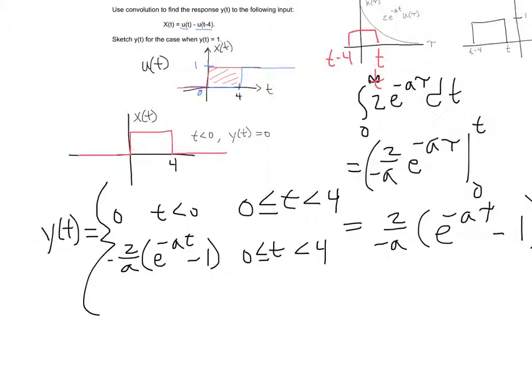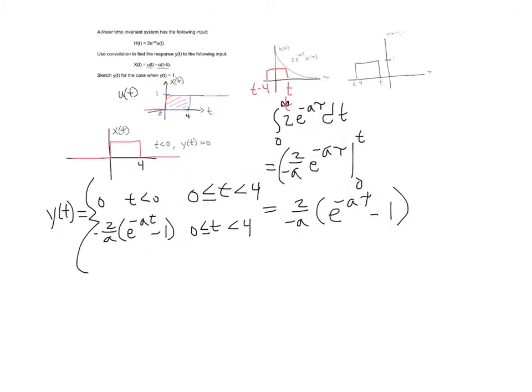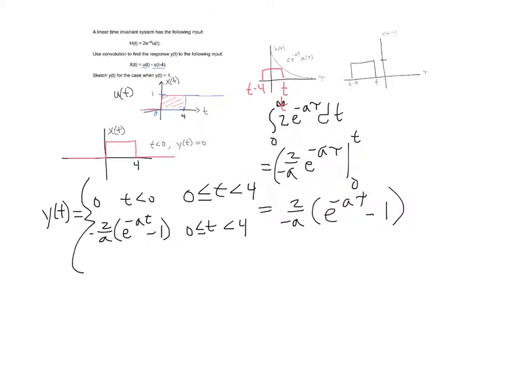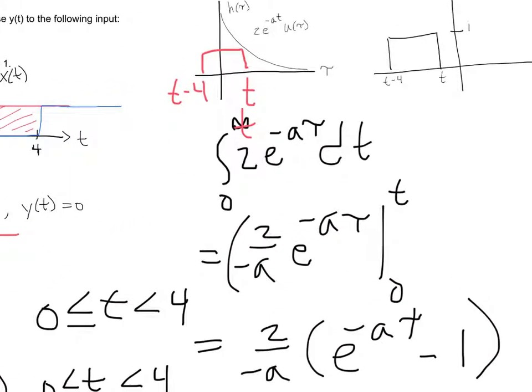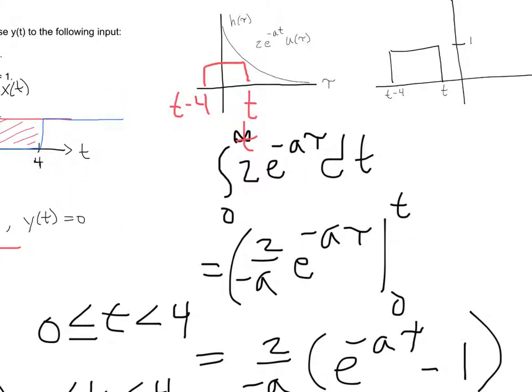Now we want to look at this where t is greater than or equal to 4. So we want to look at this area where we've moved t over there.